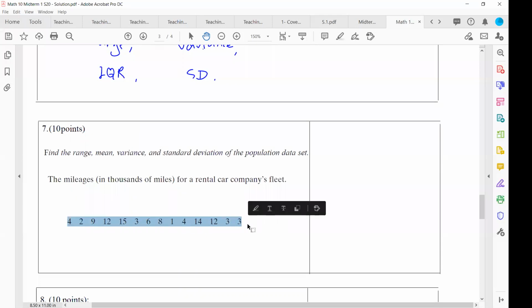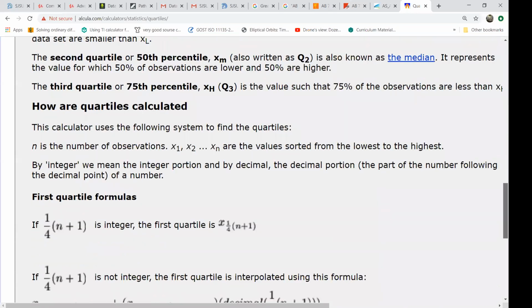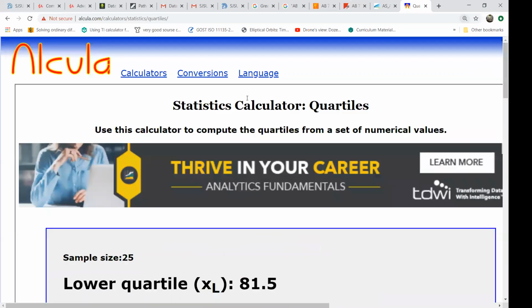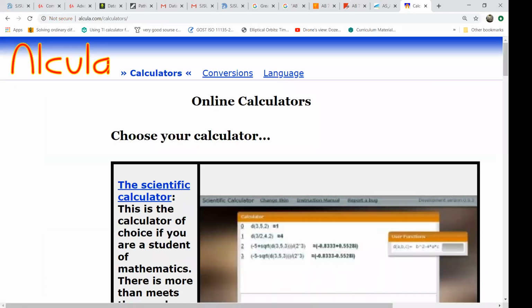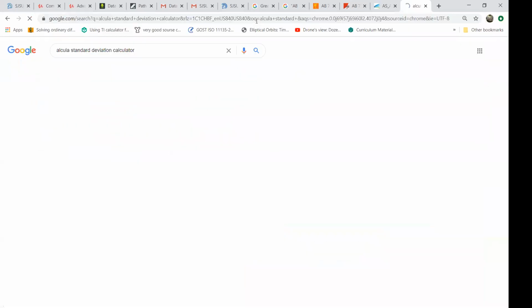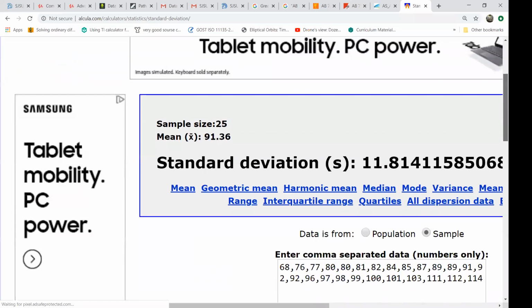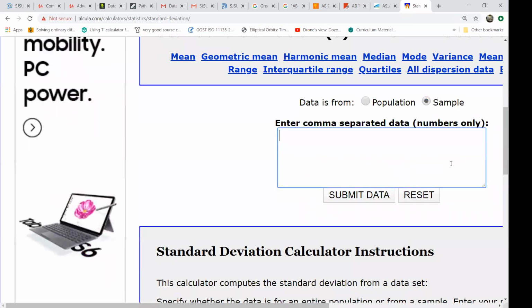You can use our calculator. Here we have a sample. Let's enter the data here.